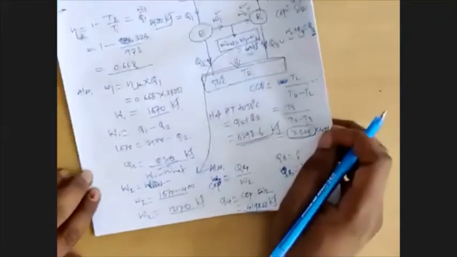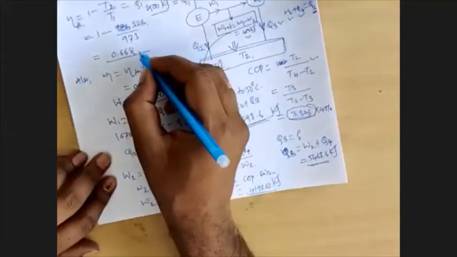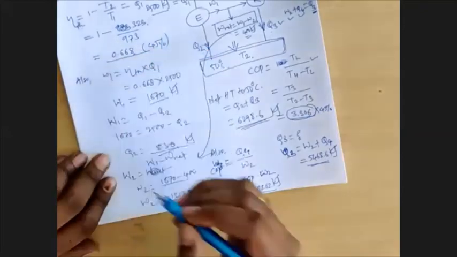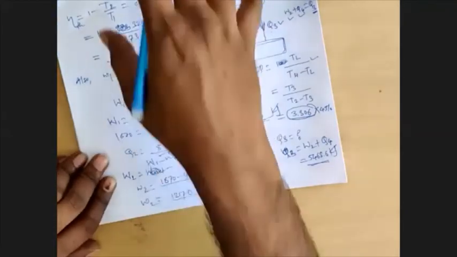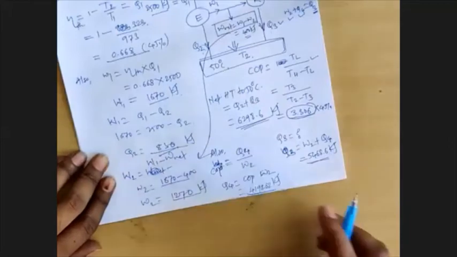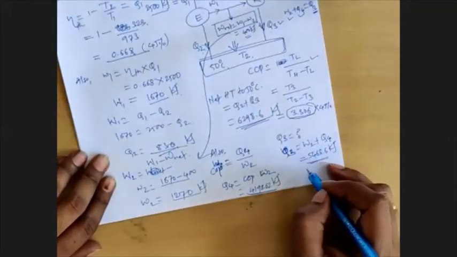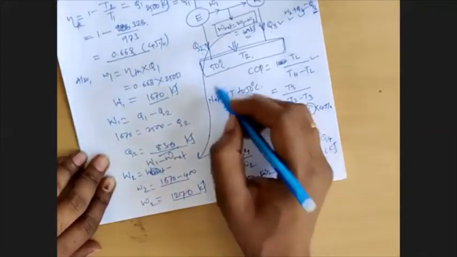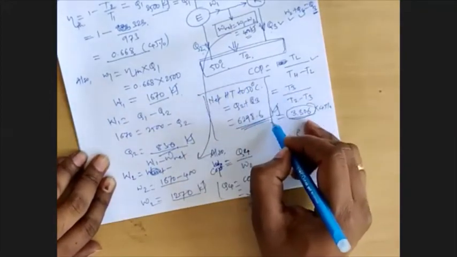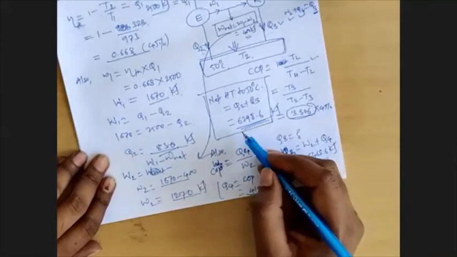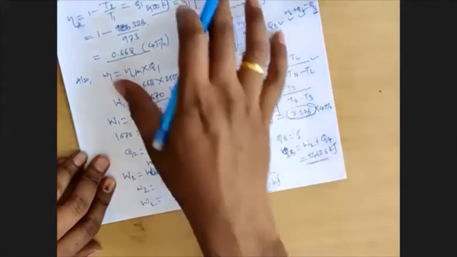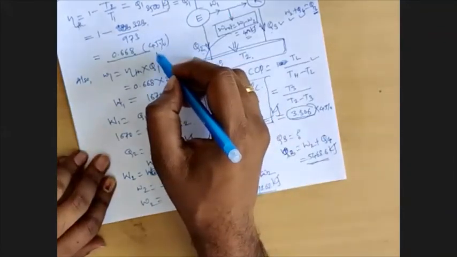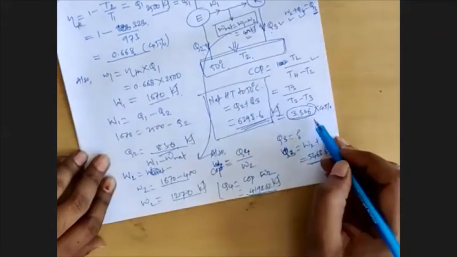And we have got N thermal as 0.668 and we'll take 45% of this one also. And we'll follow the same procedure to calculate the total heat transferred to the reservoir at 50 degrees Celsius. So we need to repeat all the procedure considering 45% of these two values.